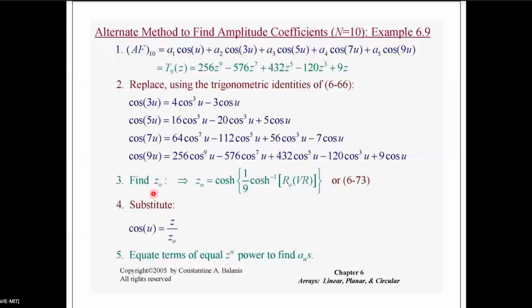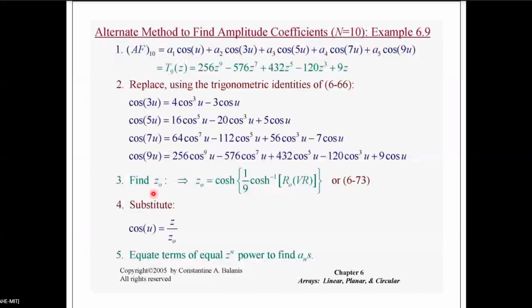Have you found out? Third point, find Z0. You know how to find out Z0. I have given the equation in the last slide or somewhere.